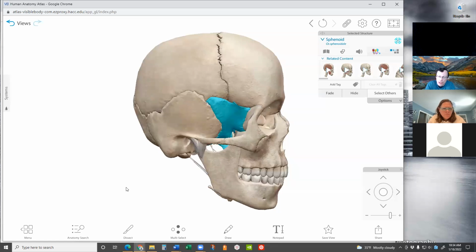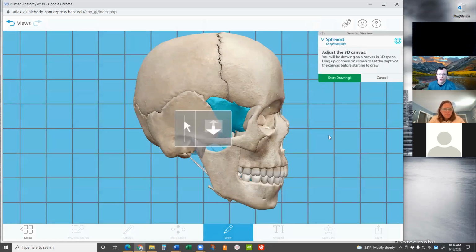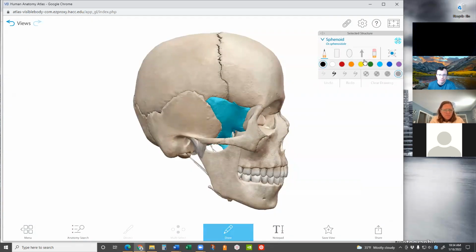I might have a picture that looks like this, and I might ask you, what is the name of the bone that I'm highlighting with the red arrow? And you'd have to say, oh, you're showing me the sphenoid bone, which is part of the skull. Okay.